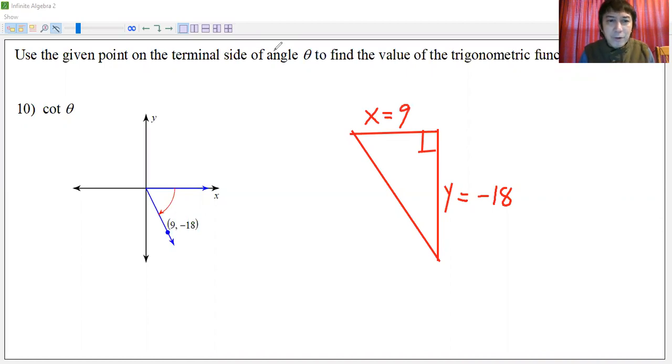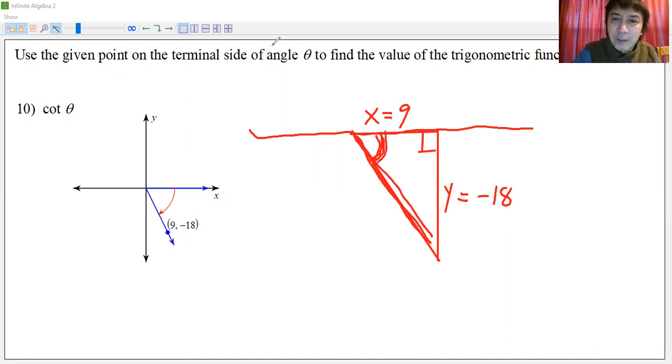And we're looking for cotangent of theta. Where's our theta first? That's our reference angle over here, the angle made by the x-axis and the r, the terminal side, okay? So that will be our reference angle.